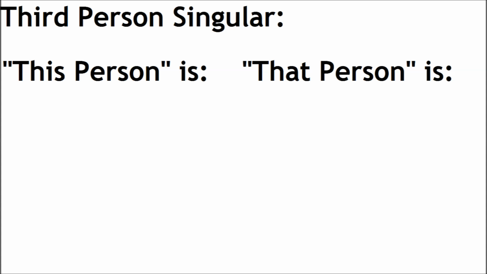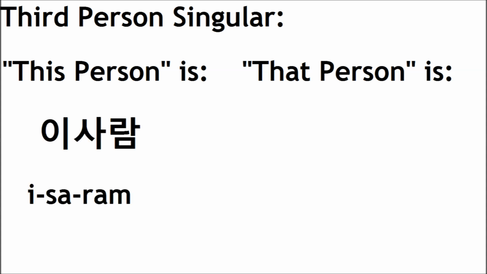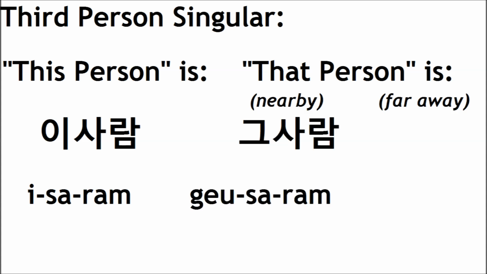Let's go through some of them. This person, i saram. I means this, and saram means person. That person. There are two types of that in Korean. If you're talking about a person nearby, that is geu. So that person is geu saram.